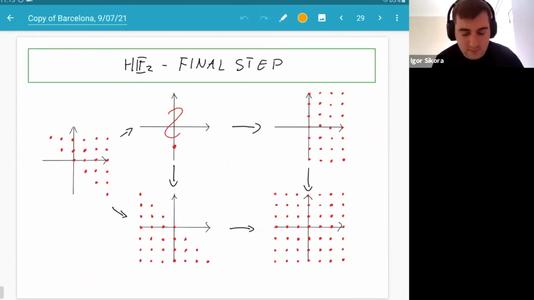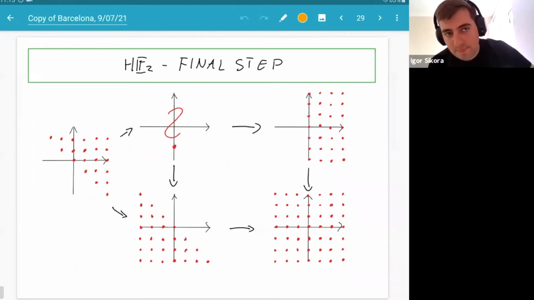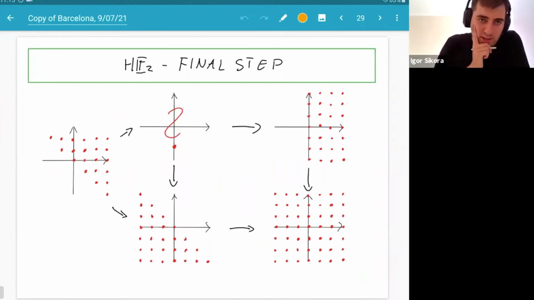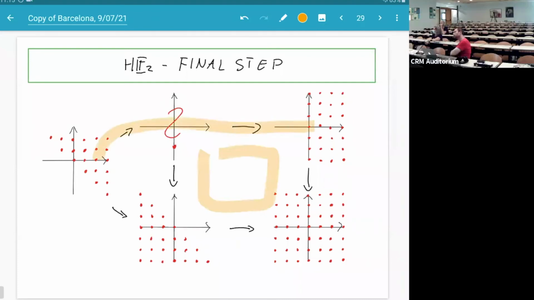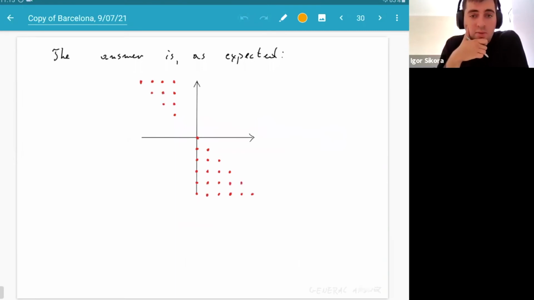And now the final step would be to derive the coefficients of our spectrum HF2 using this diagram. And here I have to admit that I'm not sure if this square is a pullback of anything, but we don't really need it because just by the fact that here we have exact rows, and by chasing the diagram degree-wise, we can get, as expected, that the coefficient of HF2 looks as follows.